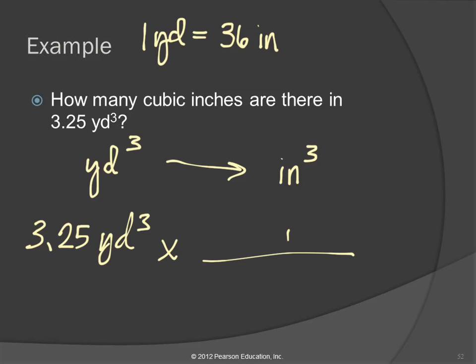I want inches on top, because we're going from yards to inches, and then yards go in the bottom. The relationship is 36 inches for 1 yard. The units, though, are not going to cancel out correctly, are they? No. So I need to cube the whole thing.